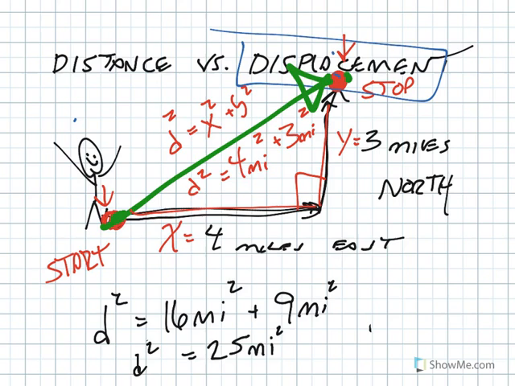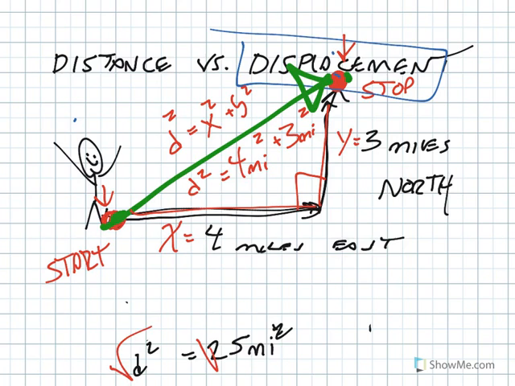And then this is now entering the realm of algebra. If d squared is equal to 25 miles squared, then what is d equal to? Easy peasy, lemon squeezy. You take the square root of both sides.